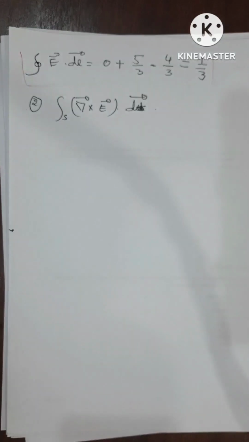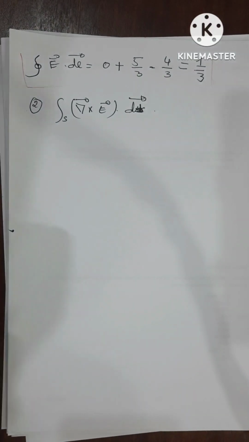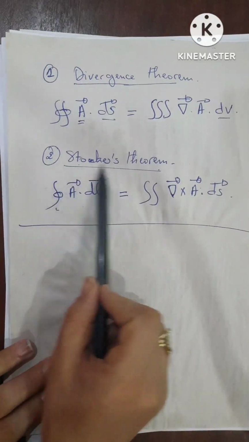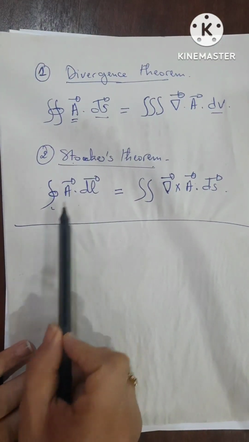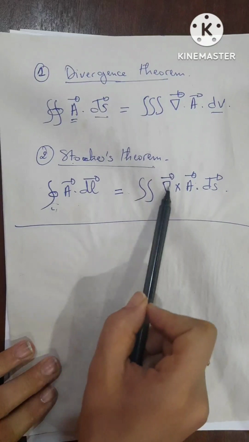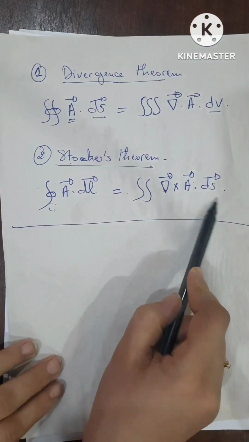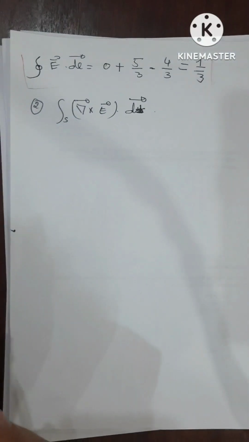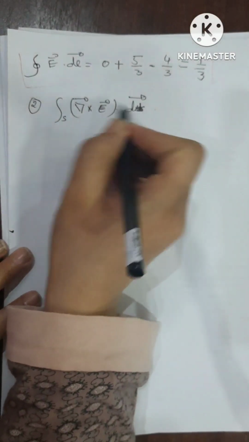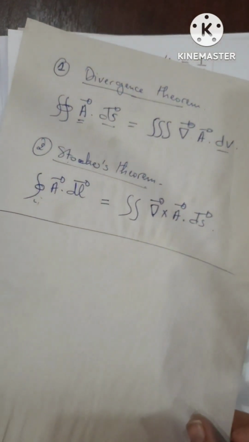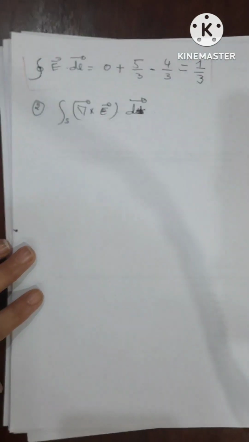Just to show it again, we did it in the previous video. Stokes' theorem says the closed line integral of A·dl equals the surface integral of the curl of A · ds. In this case it's E.